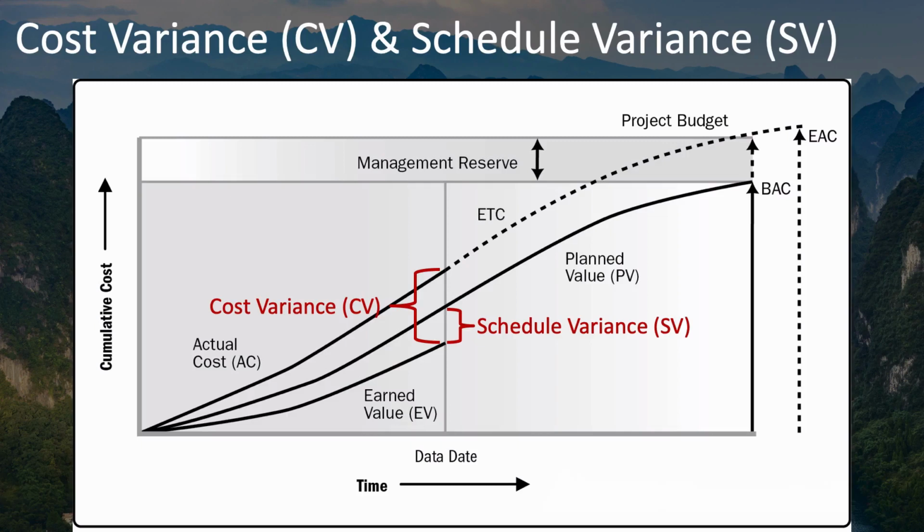In this case, earned value is less than planned value, so we're behind schedule. The cost variance is not measured relative to planned value, but it's the difference between the actual cost and the earned value. And here you can see the actual cost is higher than the earned value of what you've done so far, so that tells you that you're also over budget.